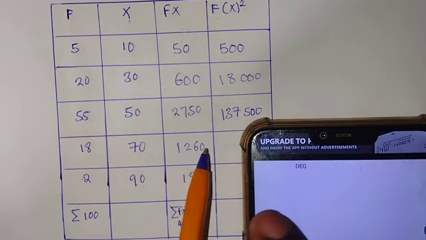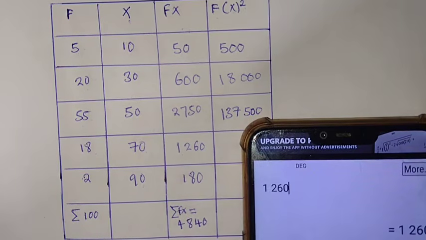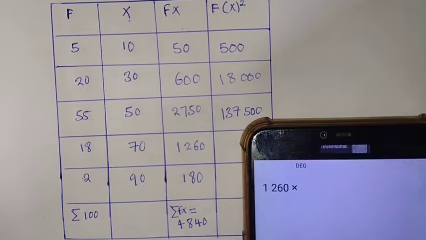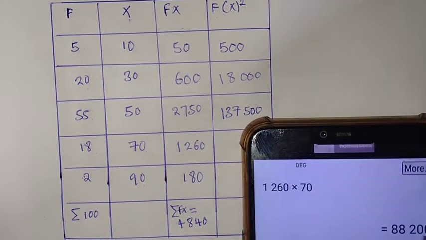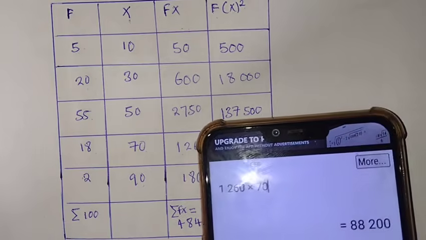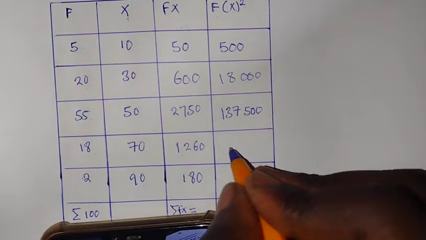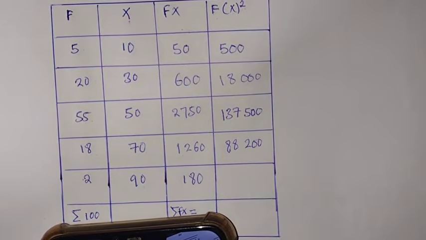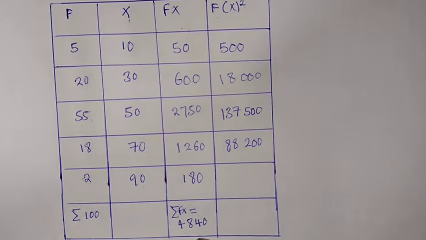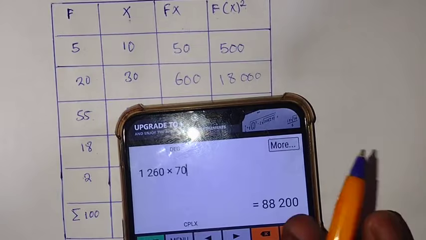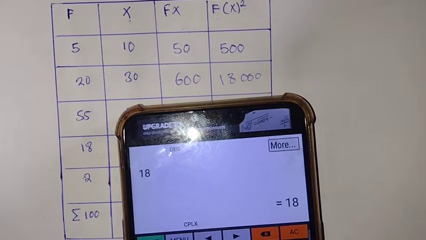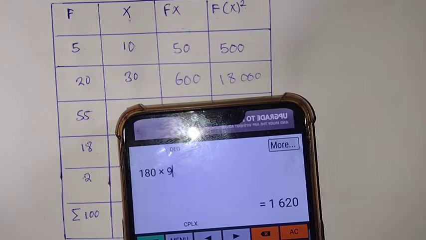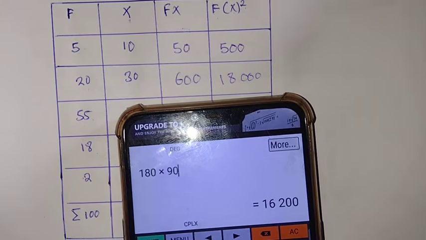You have 1260 times this 70 right here. The midpoint is 70. You get 88,200. So you write this value, 88,200. Finally, just multiply 180 times the midpoint 90, you get 16,200.